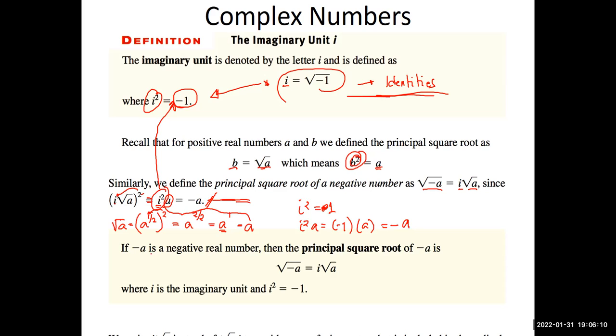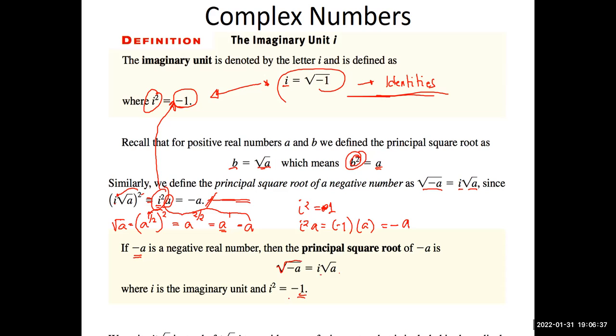Now, if negative A is a negative real number, then the principal square root of negative A is equal to I multiplied by the square root of A, where I is the imaginary unit, and I square is equal to negative 1.